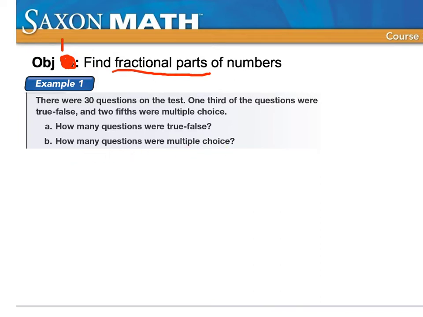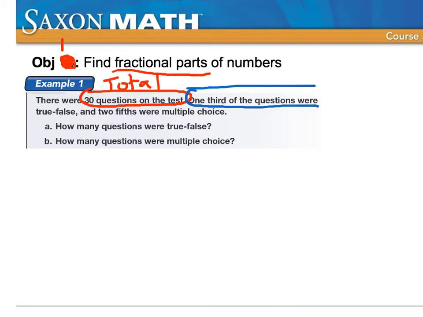Again, let's do the understand. Let's make sure we circle what we know. So I got 30 questions on my test. That's important. That's the total number of questions I have. Now, because my problem has a part A and a part B, I'm going to split these up a little bit, make them easier. Oh, let's use blue here. I'm going to make my true-false questions blue. It says 1/3 of the questions were true-false.